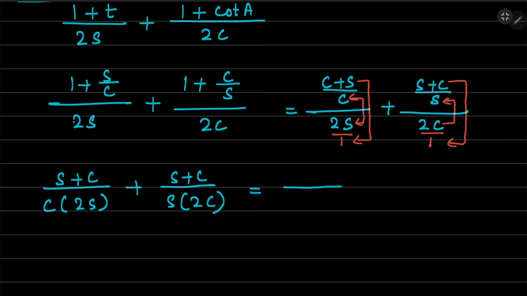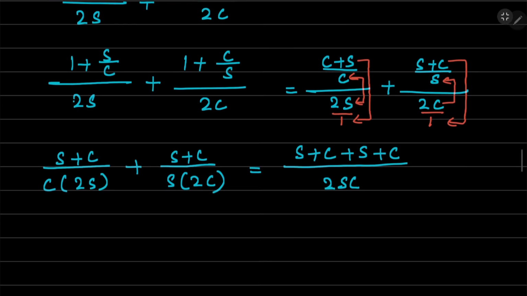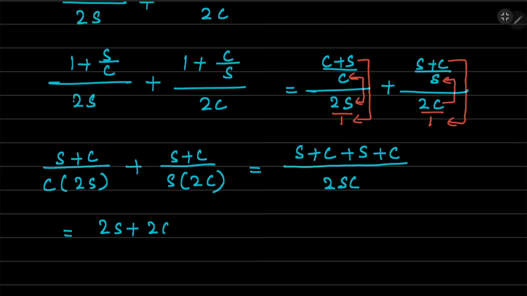So this is nothing but, very easily you can see, you can take 2 sine cos, right? So 2 sine cos is common in both the terms. So in the numerator, you have sine plus cos plus sine plus cos. So this is nothing but 2 sine plus 2 cos divided by 2 sine into cos. Take 2 common out. So you have sine plus cos divided by 2 sine cos.